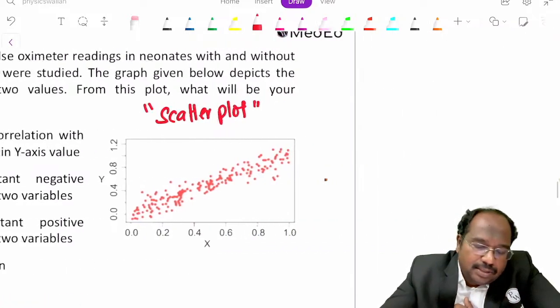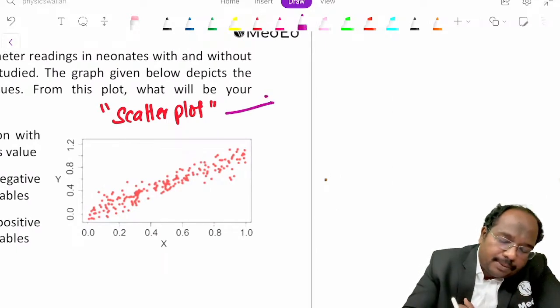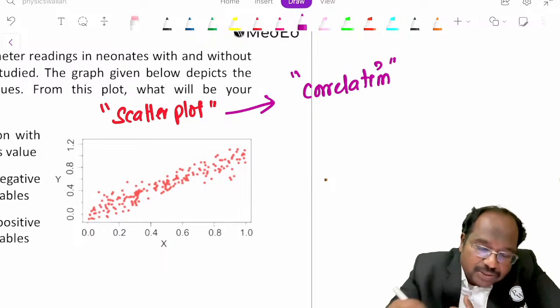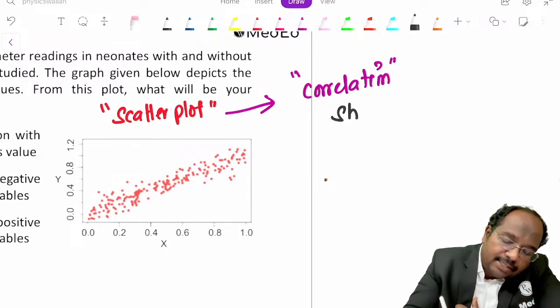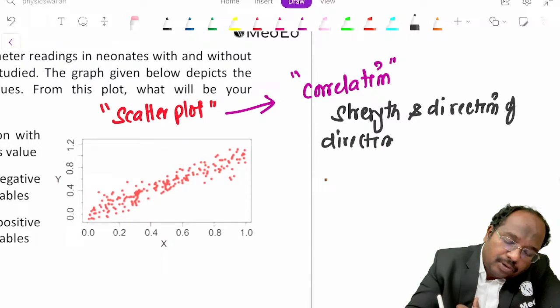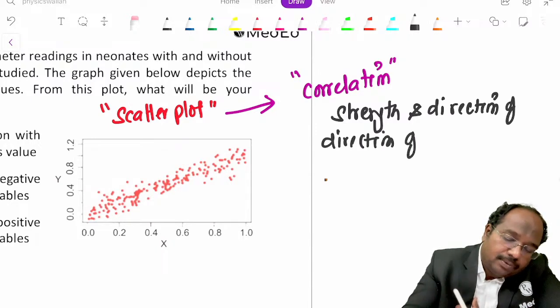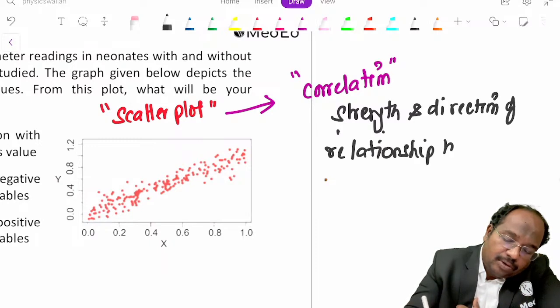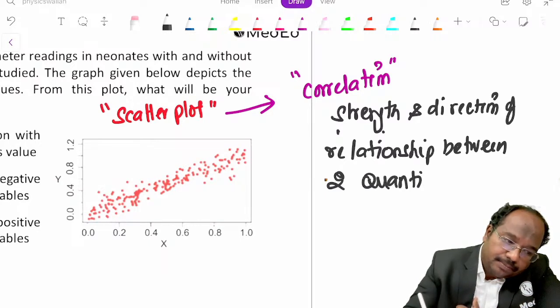Where is the scatter plot used? The purpose is correlation. What will correlation tell us? Correlation will tell us the strength and direction of the relationship between two quantitative variables.